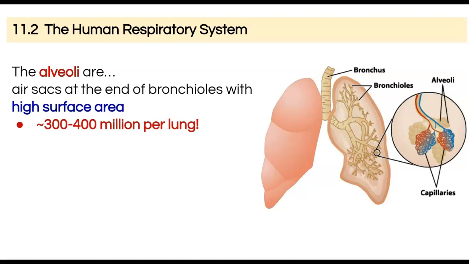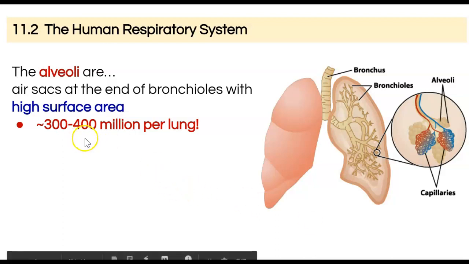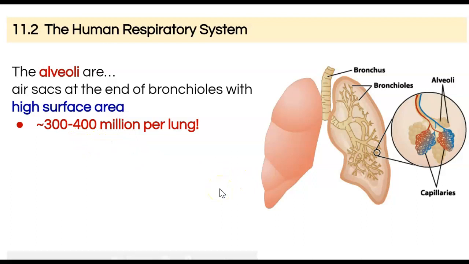There's a normal range for human height, and there's a normal range for the number of alveoli per lung. But there are a lot of them, like a lot. 300 to 400 million per lung is just one of the ranges that you'll find out there. I've seen other ranges where it's 270 to 790 million alveoli per lung.